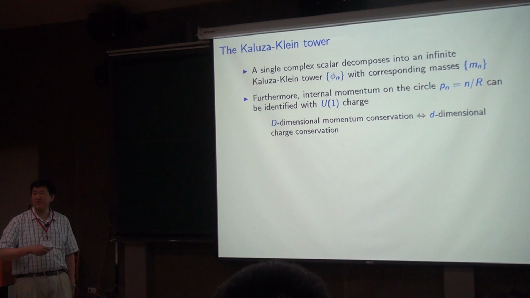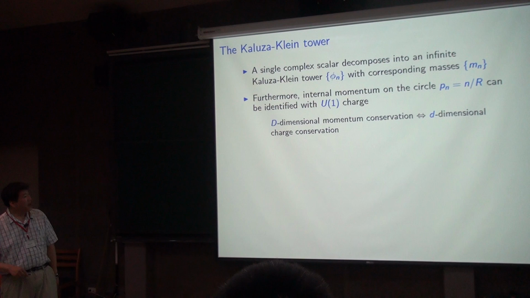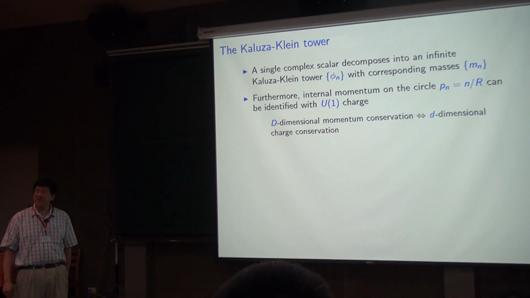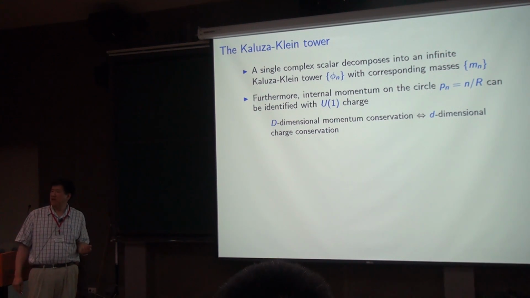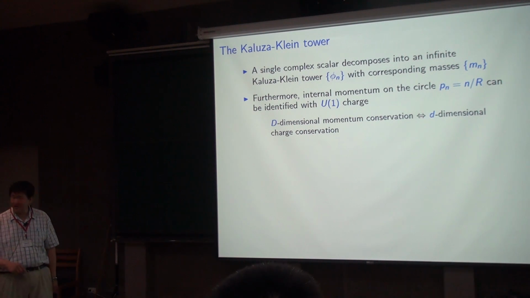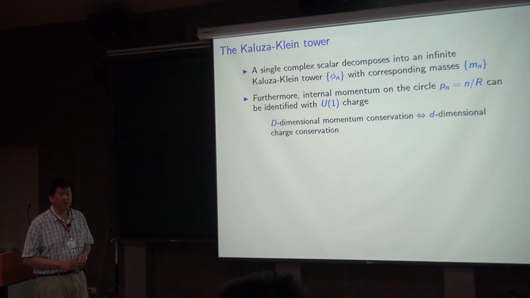This is the idea of an isometry of my internal space giving rise to a symmetry in the lower dimensional theory. Once I think about momentum in the circle, or charges, we also have the notion of charge conservation. So we have momentum conservation along the circle, and that corresponds to lower dimensional charge conservation.